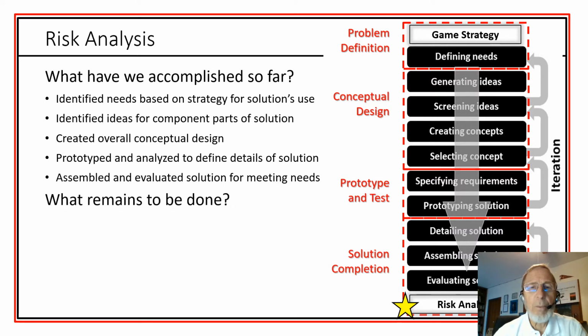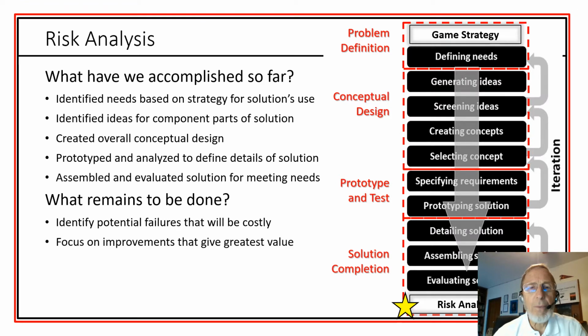So what remains to be done? Well, today we're going to identify potential failures that could occur with the design we're building, because some of these can be very costly. And then that will help us focus on improvements we can make, so we give the greatest value with our solution.